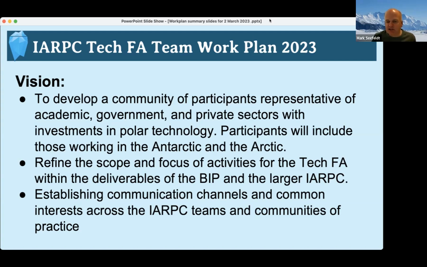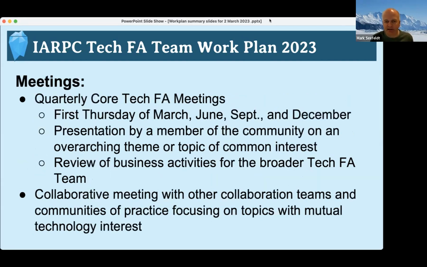We want to refine the scope of the focus of activities: exactly what are we looking at when we say the technology foundational activity within the deliverables of this larger implementation plan and the larger IARPC. The third item is establishing communication channels and common interests across the IARPC teams and communities of practice to continue these collaborative meetings.